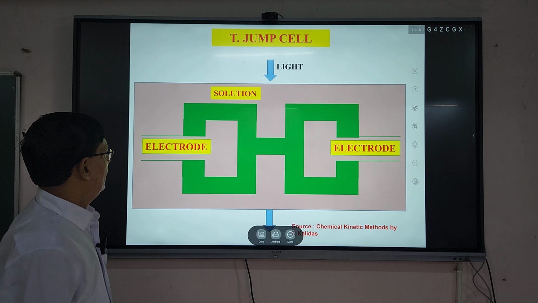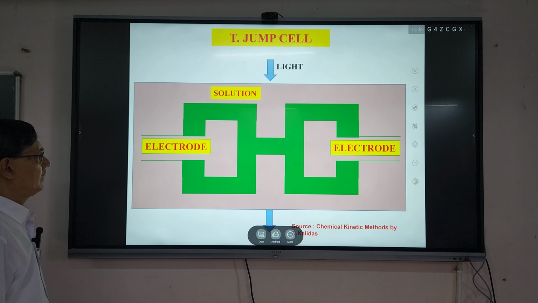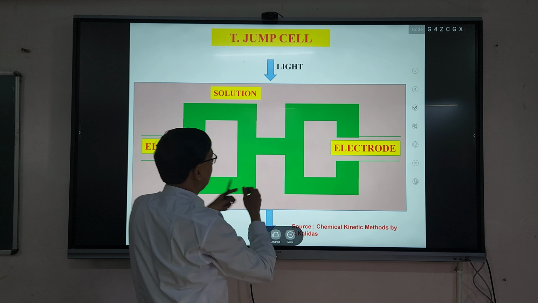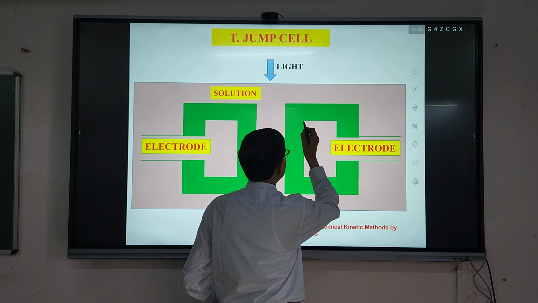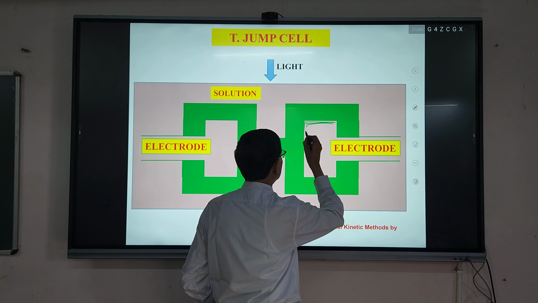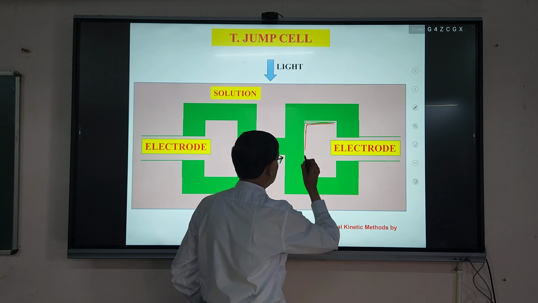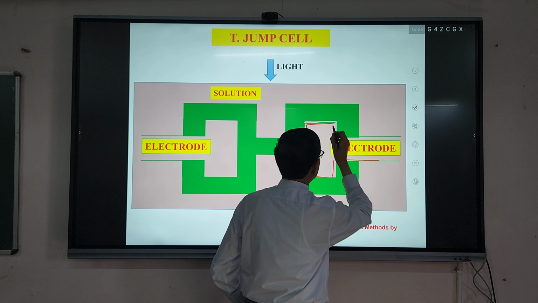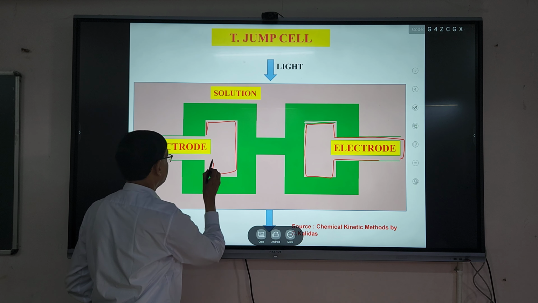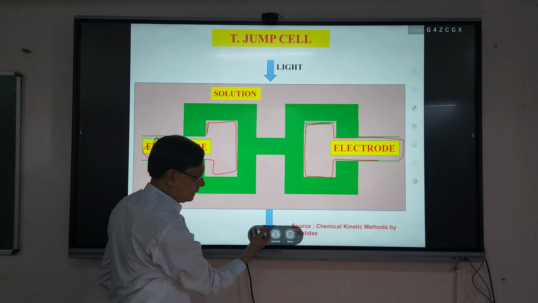So this is the simple scheme of the temperature jump method, and by it you monitor the concentration with respect to time. There are other types of jump cell also. Here there is a solution, and the whole part is an electrode, complete electrode. Then again the same thing: a light source and a detector.